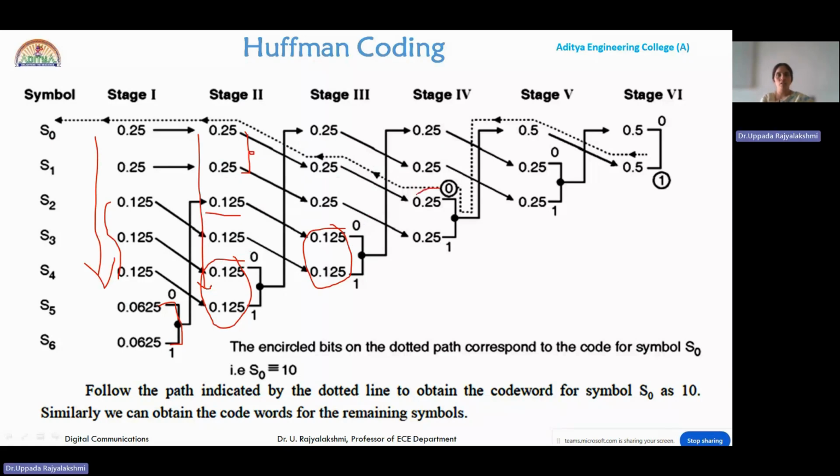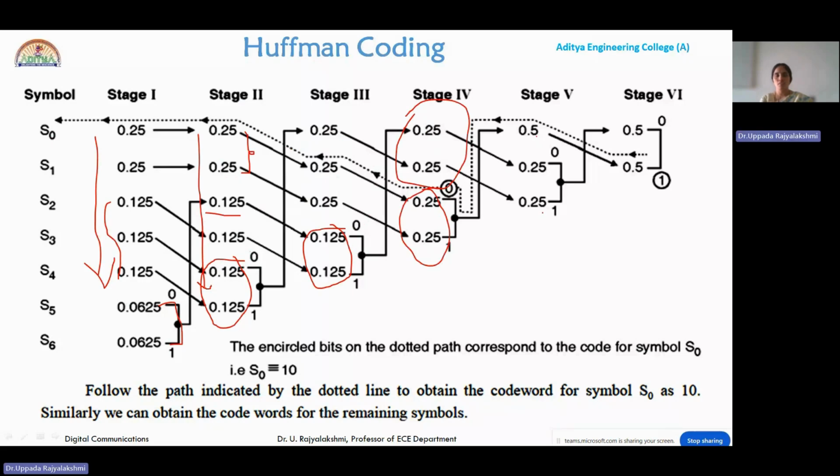So again, we will merge the last and last but 1 probabilities, 0.25 and 0.25, and assign 0 to the last but 1 and 1 to the last probability. And upon summing, you will obtain 0.5. This is the highest value, so it will be dragged to the first position, followed by the leftover 0.25s.